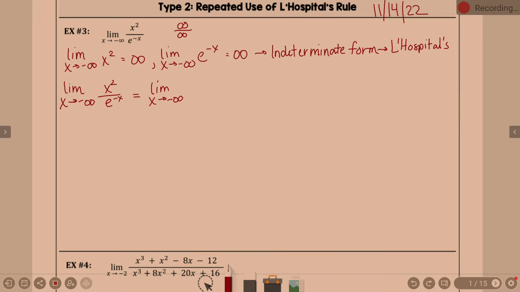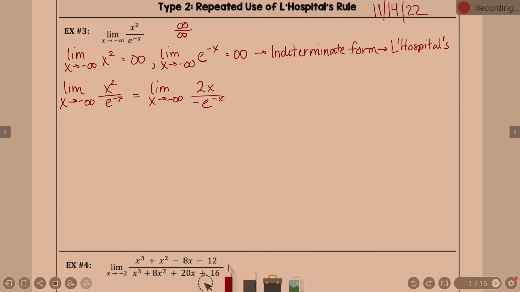What's the derivative of x squared? 2x. What's the derivative of e to the negative x? e to the negative x times negative 1. So I'm going to write it as negative e to the negative x, if you will.